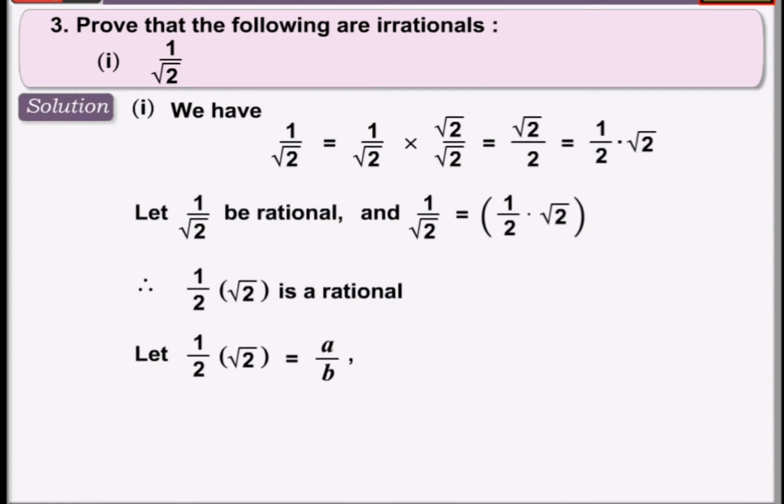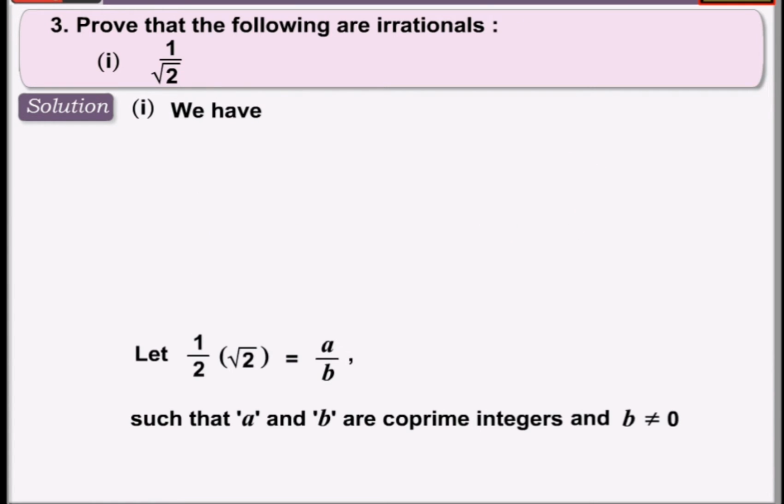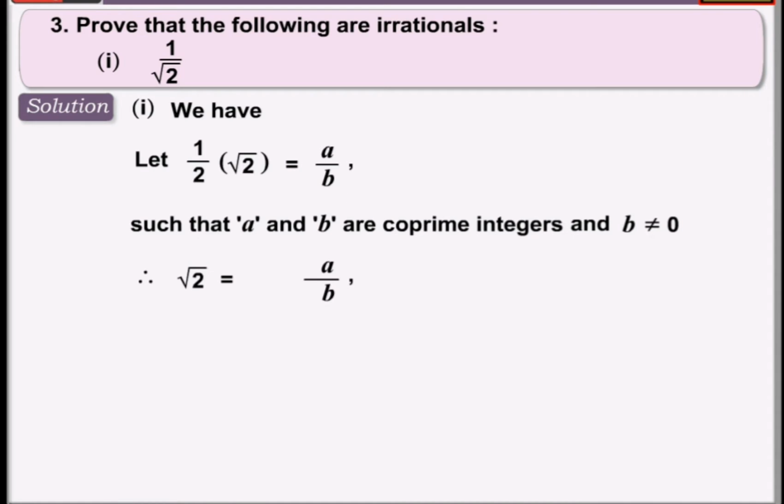Let 1 upon 2 into root 2 be equal to a upon b, such that a and b are co-prime integers and b is not equal to 0. Therefore, root 2 is equal to 2a upon b. Let us put it as 1.